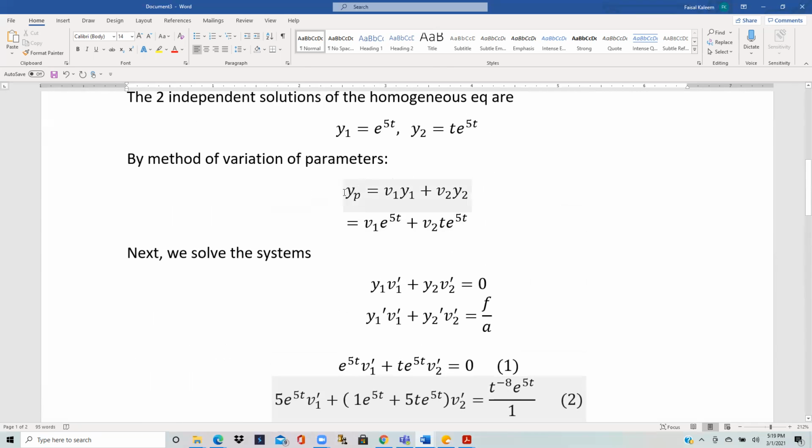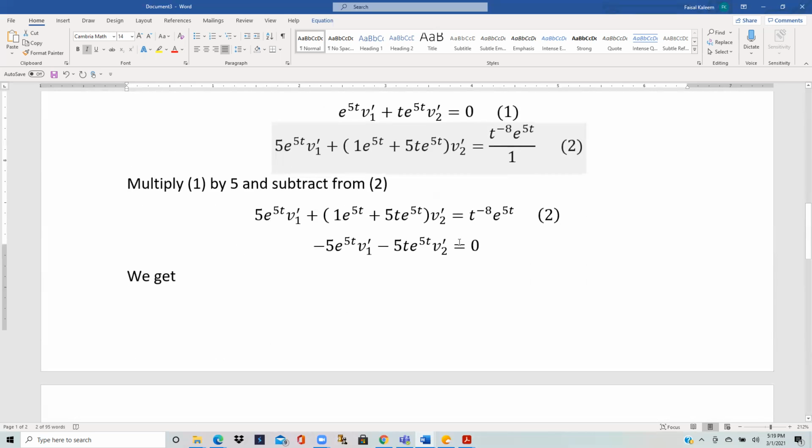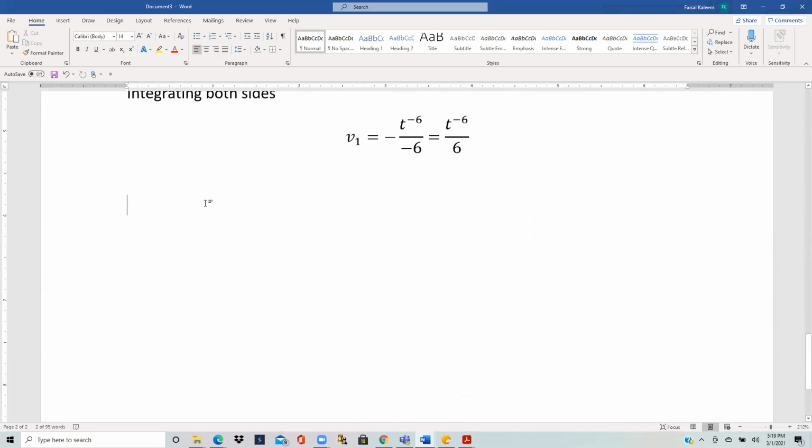So this was the form of yp, and that would equal, substitute. v1 is t to the negative 6 over negative 6.